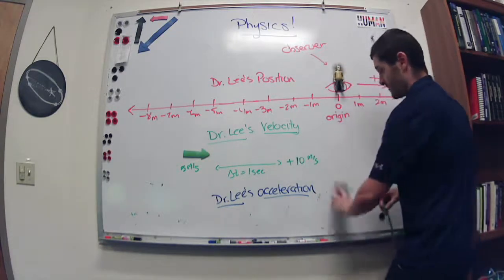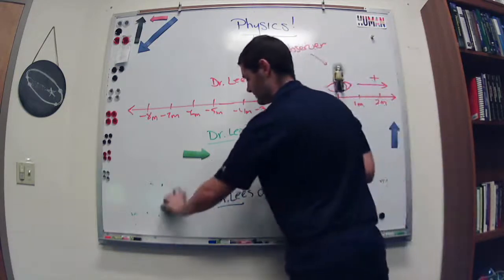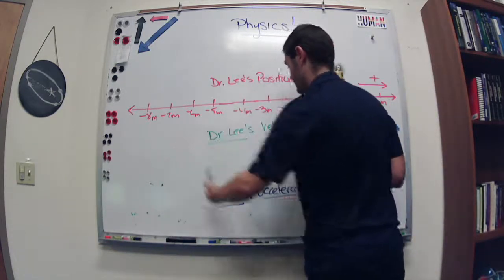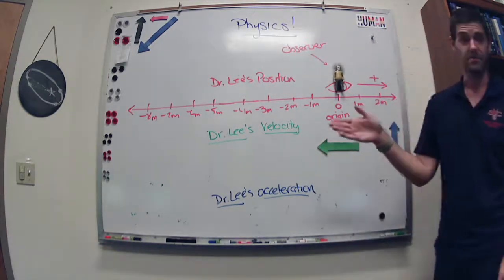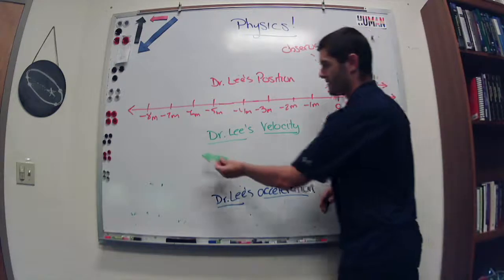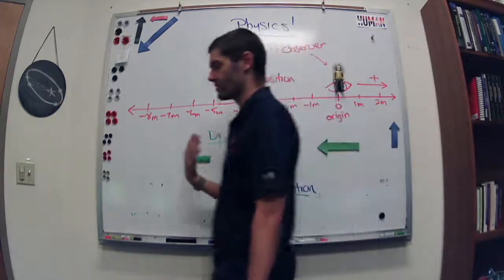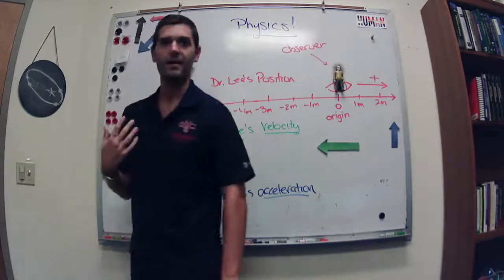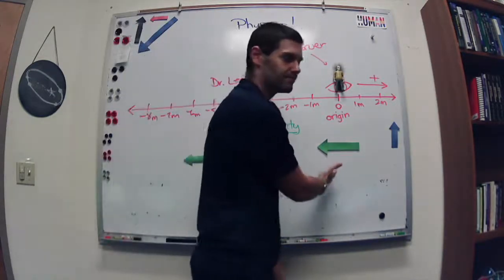Now here's the trickier one to kind of reason out. Suppose I start moving really fast towards the left, but then by the time I get to the other side, my velocity has decreased so that I'm not moving quite as fast as I am over here as how I started.